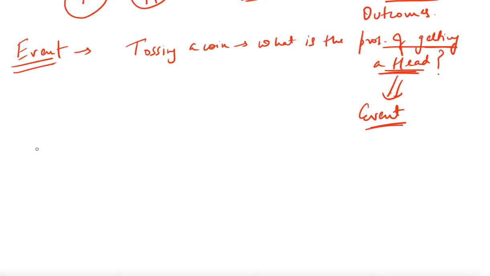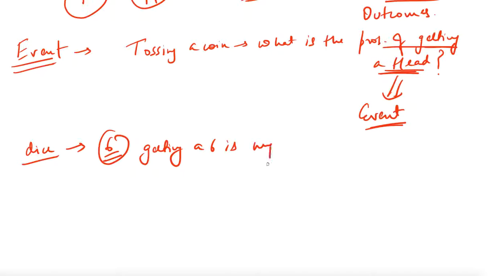Say for example, I throw a dice and I want to get a 6. So getting a 6 is my event. Similarly, if you want to get an even number, then getting 2, 4, 6 will be your event.